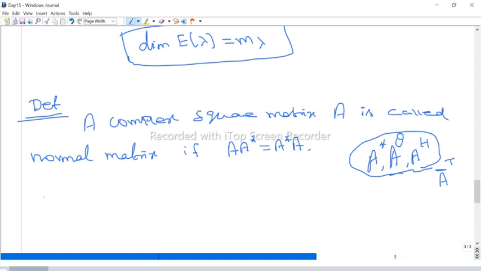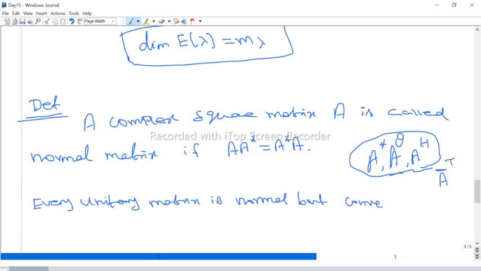Now, from this definition, we can say every unitary matrix is normal, because unitary matrix means A into A star equals A star into A equals identity. Therefore, it is anyway satisfied. So every unitary matrix is normal, but the converse need not be true.